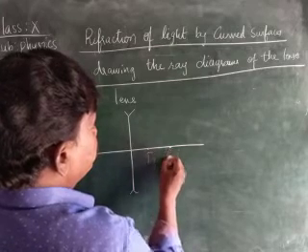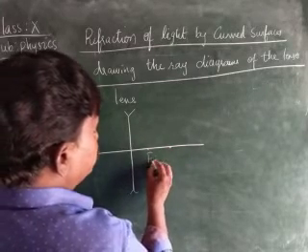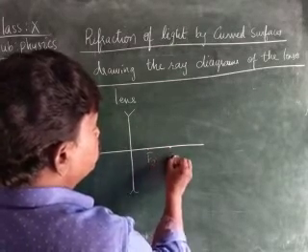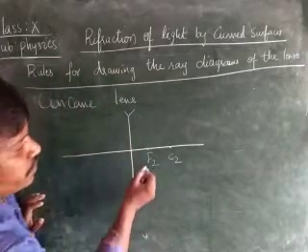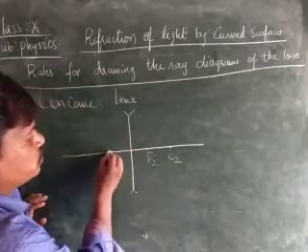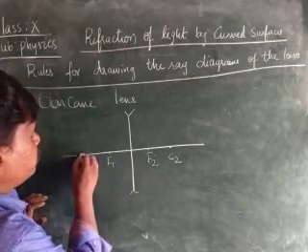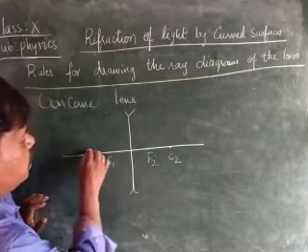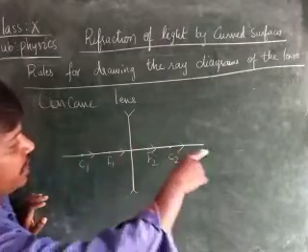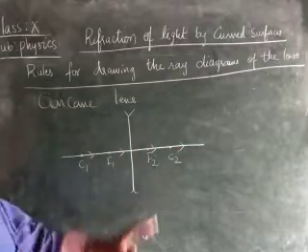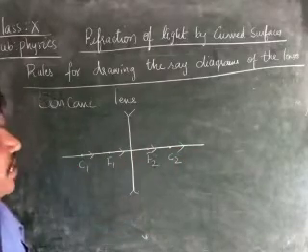Here it is F2, C2. In case of the concave lens, we should draw F2, C2, F1, C1. When the light ray is passing through the principal axis, it is undeviated.